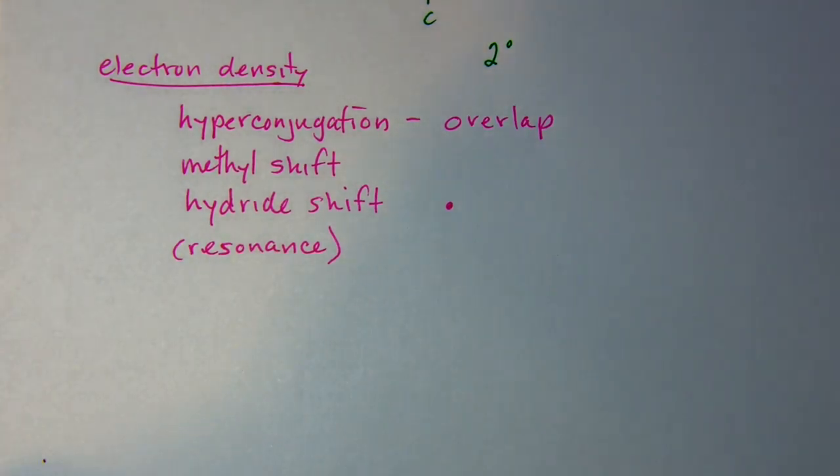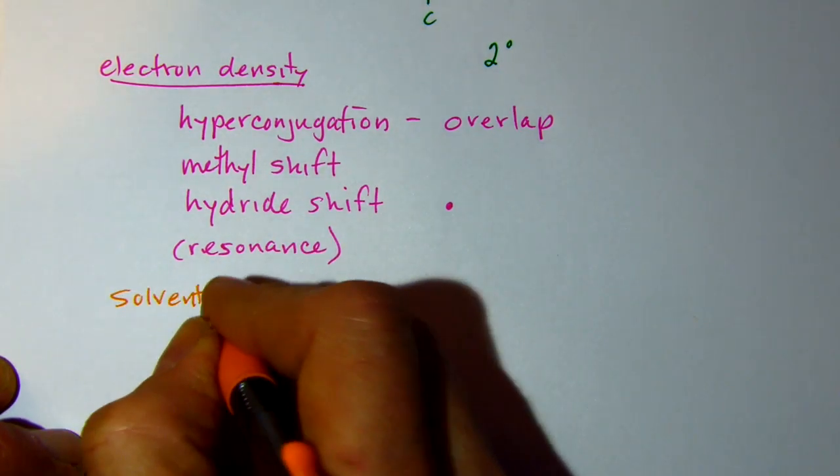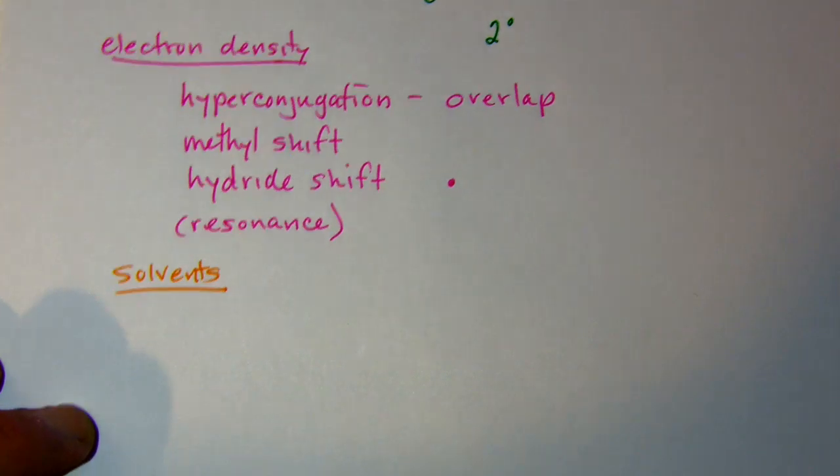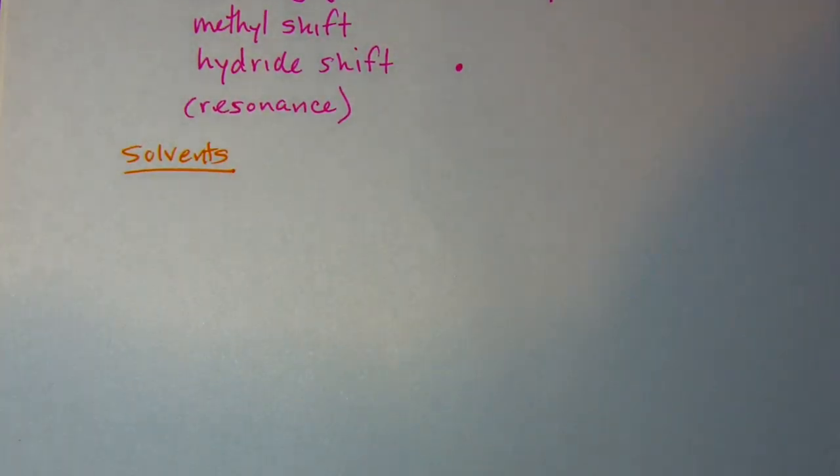Another important concept is going to be solvents. For example, the things that are meant to dissolve are also going to become nucleophiles. So you have a situation now where the substance used to dissolve, or at least be the environment for a chemical reaction, is also getting involved in the chemical reaction.